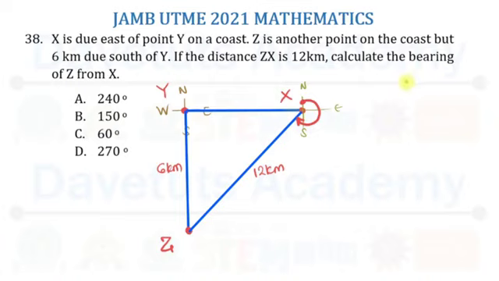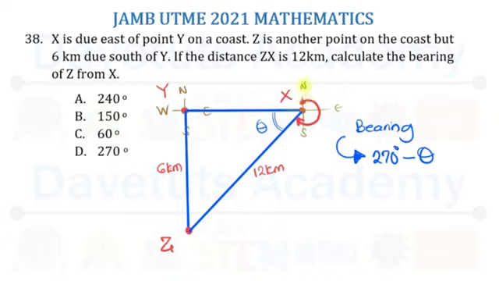Let's try and see if we can solve this holistically, because if you are observant, the bearing that we are looking for will be nothing but, if we can find this angle, which we will call theta, 270 degrees minus theta, because from the north to this particular west is actually 270, that's 3 quadrants. So if I take out theta from here, it will constitute the value I'm looking for.